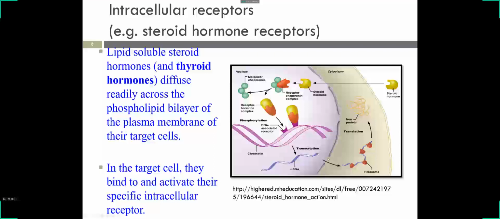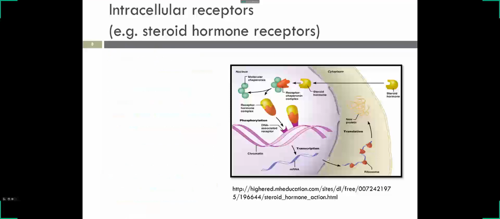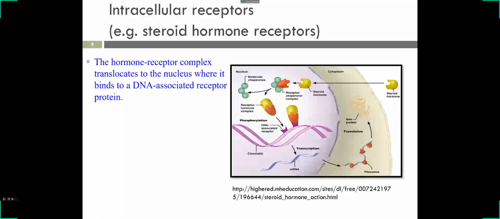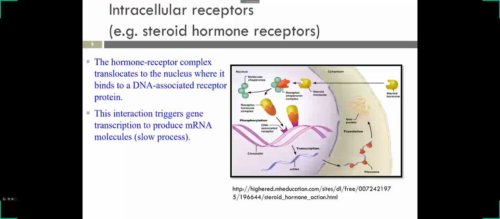The timing of these receptors and the mechanism is very different than the GPCRs. So after it translocates and interacts with the DNA, it triggers this gene transcription and produces messenger RNA.